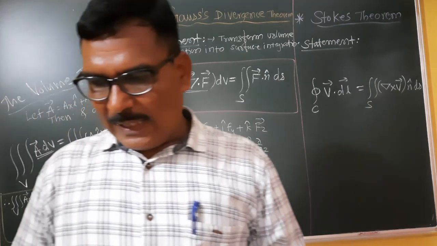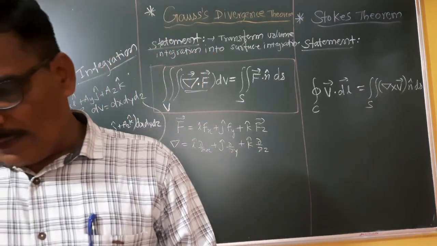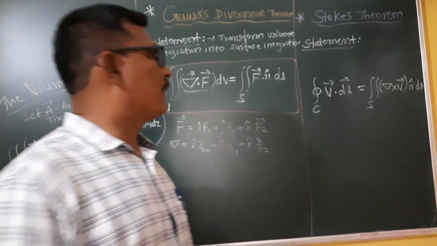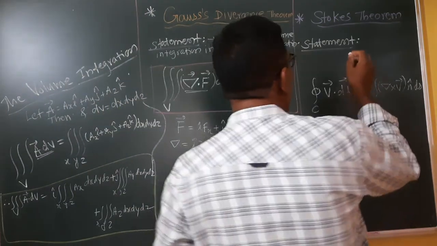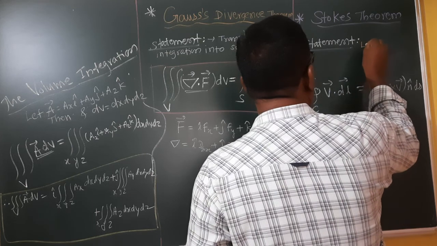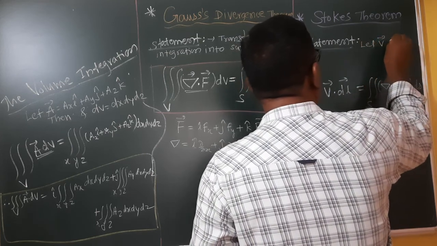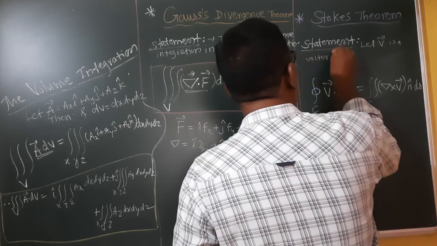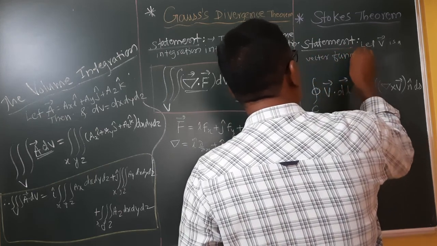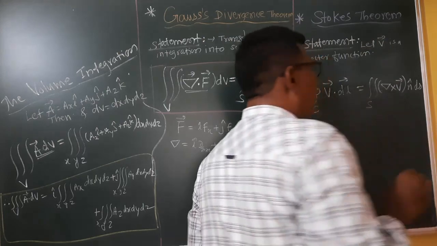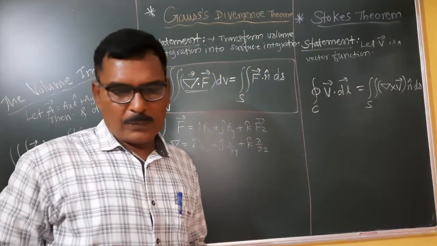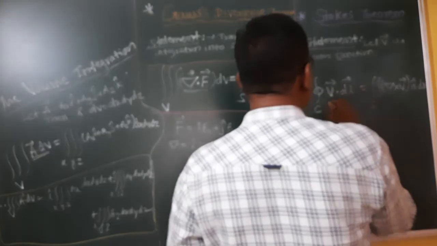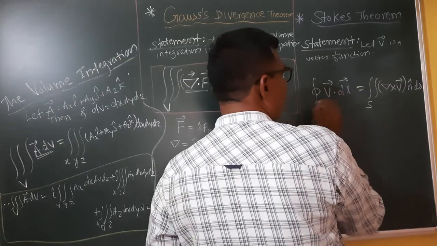This theorem states that the tangential line integral of the vector function V bar, let V bar be the vector function, over the closed loop, say C.